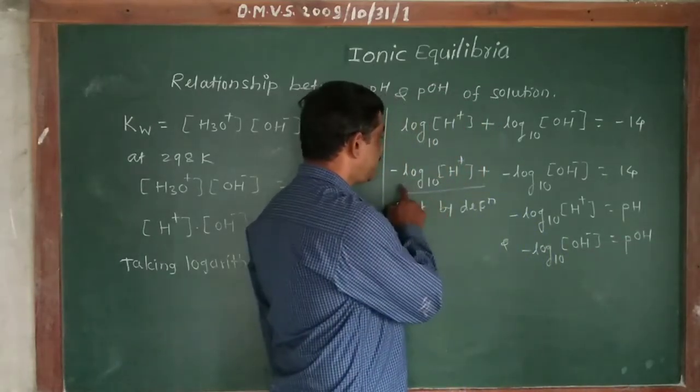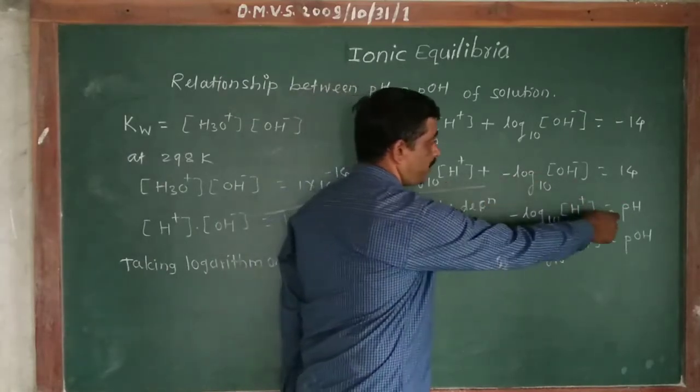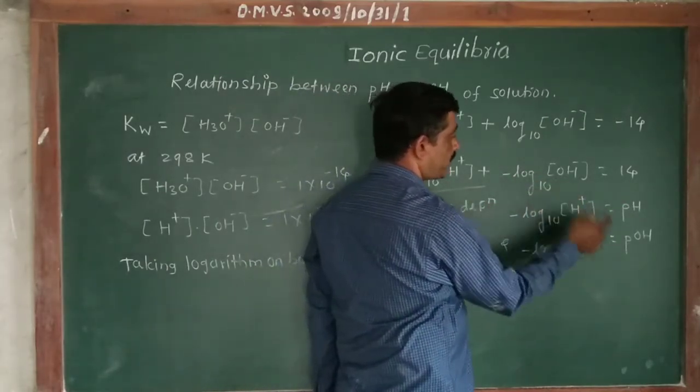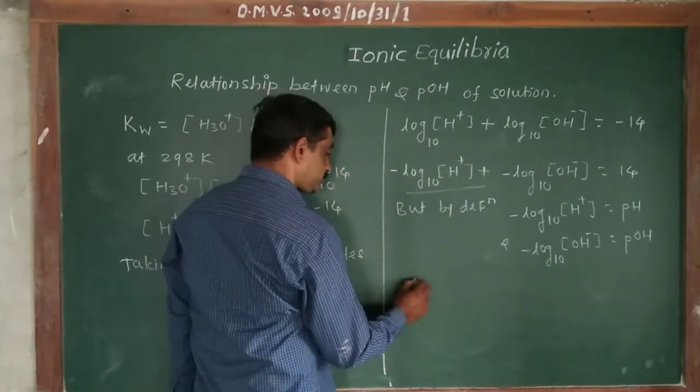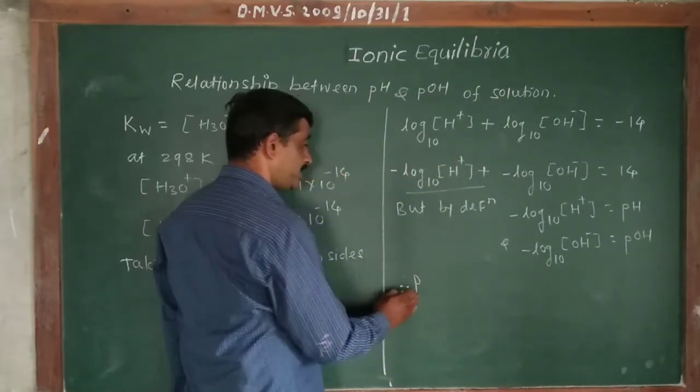Therefore, substituting negative logarithm of H plus ion as pH and negative logarithm of OH minus ions as pOH, we get one equation, and that is the relation between the pH and pOH.